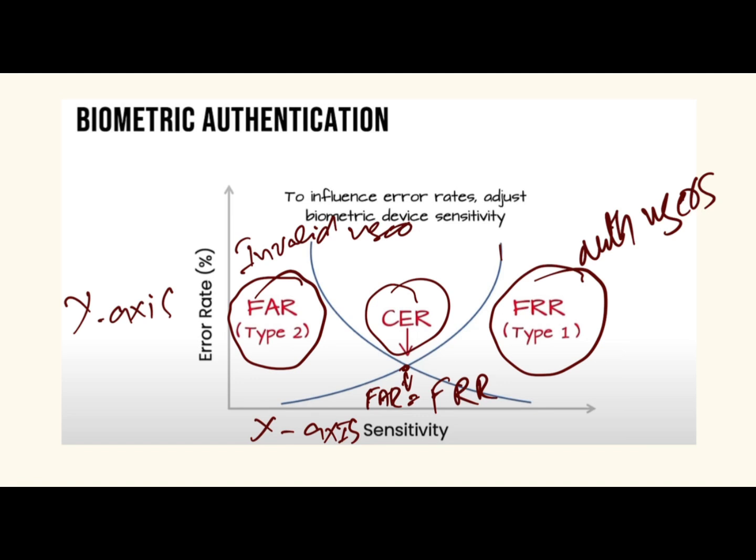Okay, so now what we can think is that type 2 error should not be something we tolerate at any point. Type 2 error, which is false acceptance rate, means a potential hacker is let in, and this is complete system failure in security contexts.